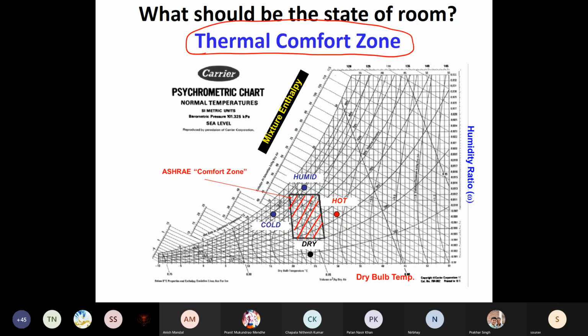That is the level of research that ASHRAE has done in obtaining data for the thermal comfort zone: the kind of food, the kind of clothing, where you have lived all throughout your life. Everything boils down to your own personal history and culture, and that defines your thermal comfort zone.